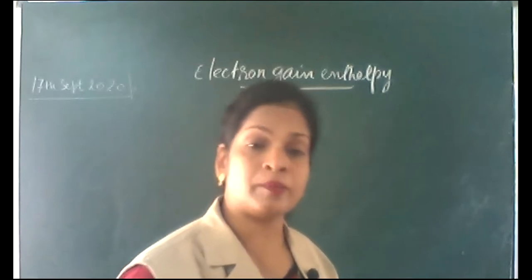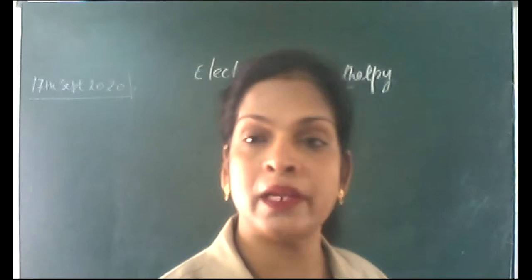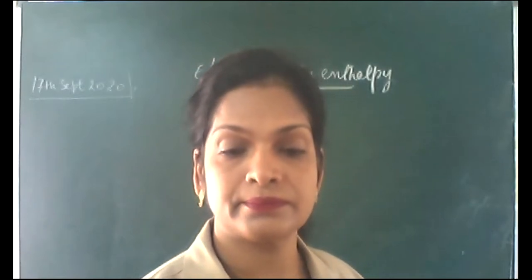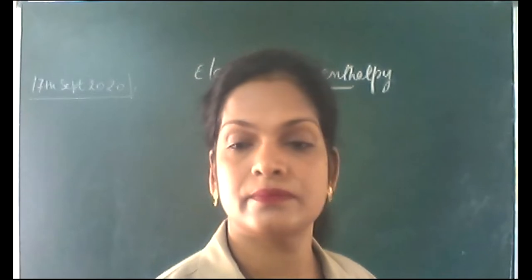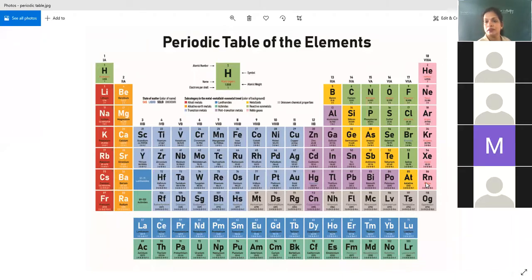Which group elements take one electron? Anyone? 15, 16, 17. Okay. See, 17th group, when they take one electron, they will be attaining the nearest noble gas configuration: neon, argon, krypton, xenon.